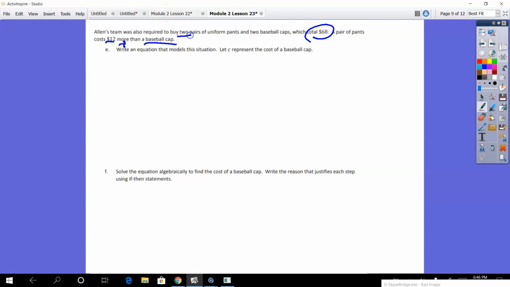Okay, so we're buying 2 pairs of pants and 2 baseball caps. So we're buying 2 of each. The baseball cap and the pants.